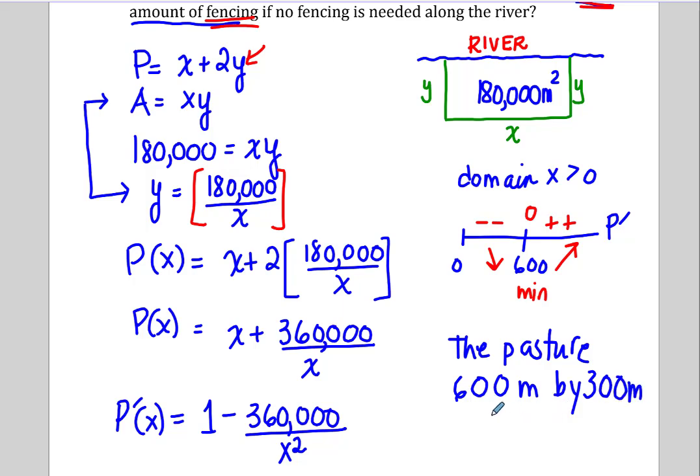And to answer the question, what dimensions would require the least amount of fencing, it would be that 600 meter by 300 meter. And if you wanted to know how much fencing you would need, then this would be 300, 600, 300. So we would need 1,200 meters of fencing.